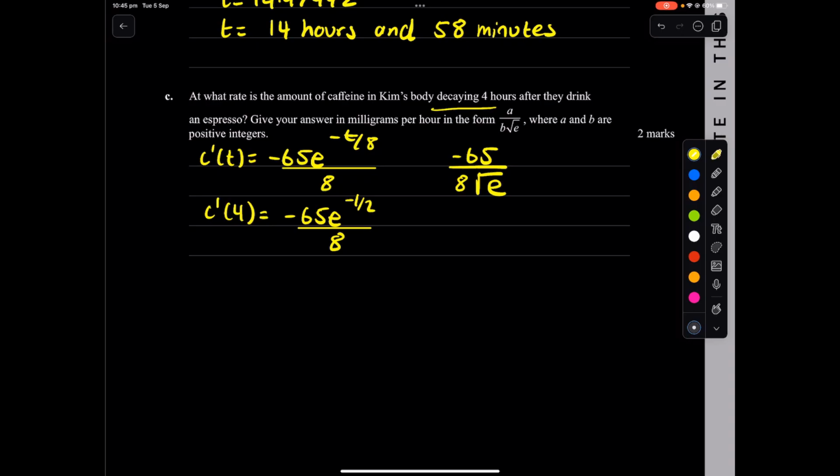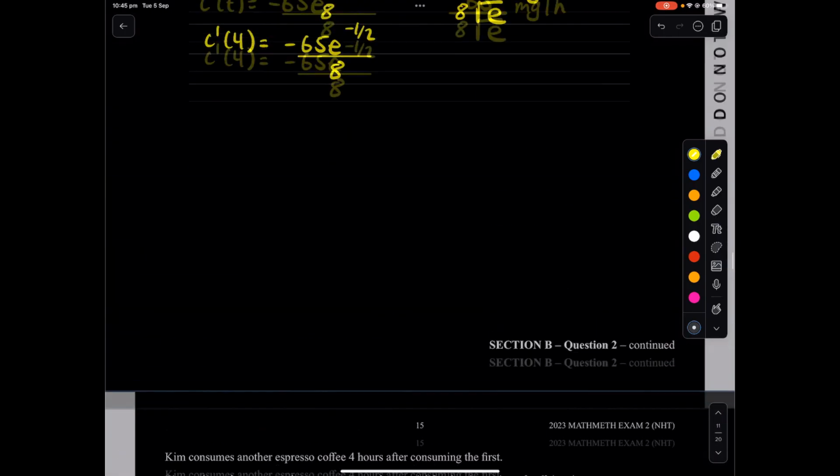So give your answer in milligrams per hour in terms of this, where A and B are positive integers. Perfect. So they are positive integers, and milligrams per hour. Yeah, looks good. Let's go.